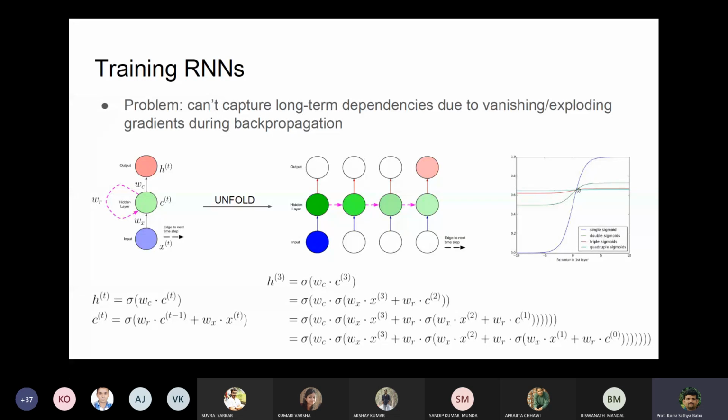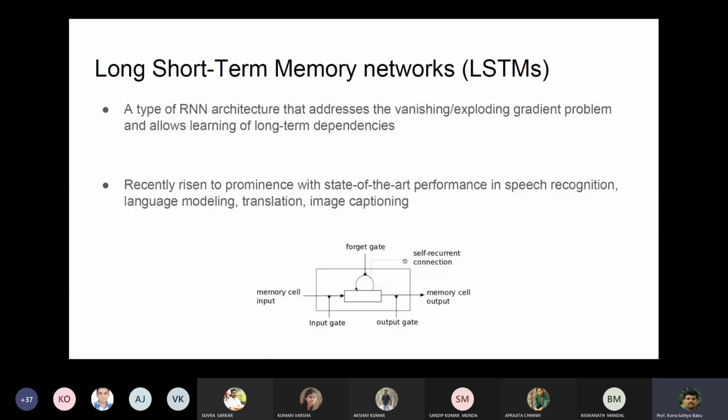Okay, now we have the problem of long-term dependencies. So in order to achieve these long-term dependencies, we use memory networks, or long short-term memory networks.